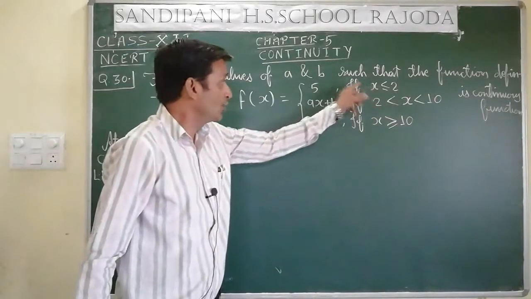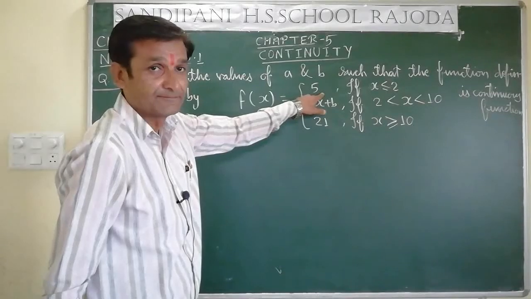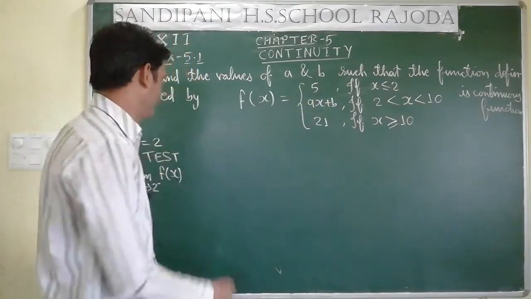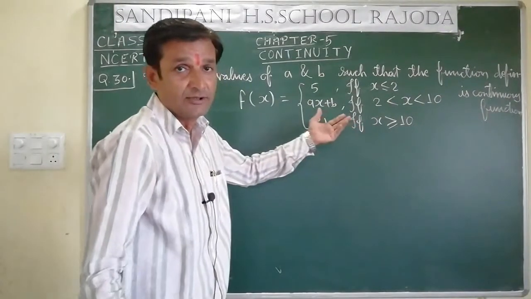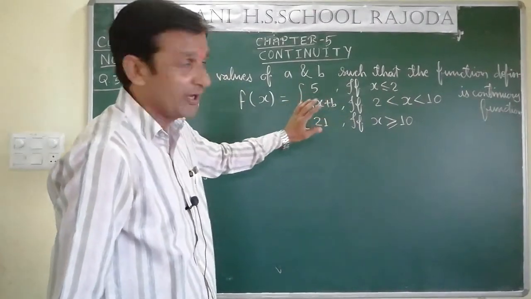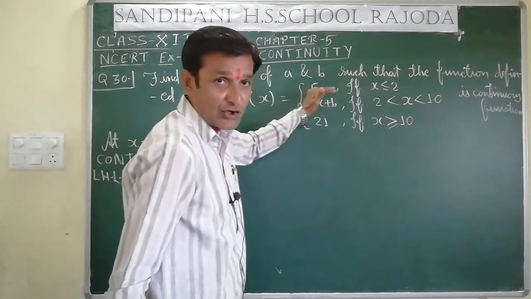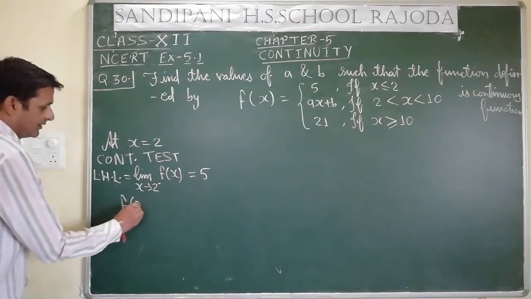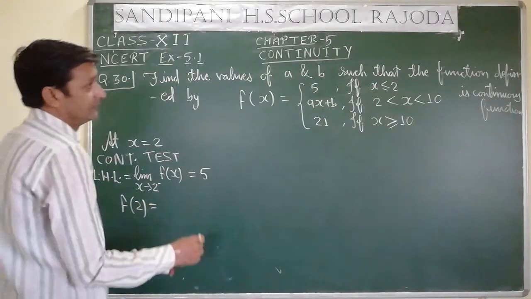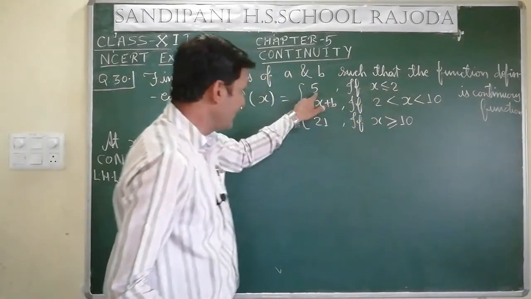For less than 2, there is no x here. So, we may write it directly 5 for LHL because x is not there. So, no need to put any value there. It is 5 directly, which is a constant value. Now, f of 2, that is equal to, again for x equal to 2, it is 5.